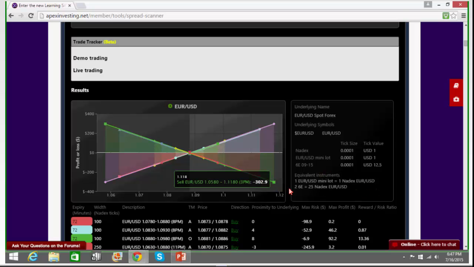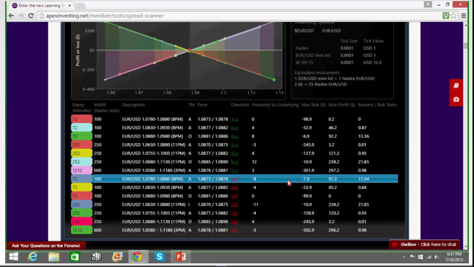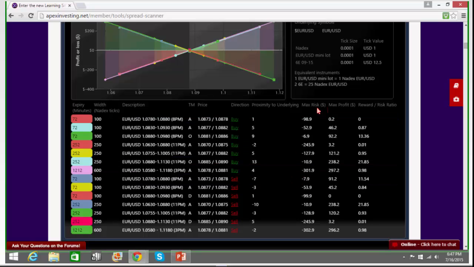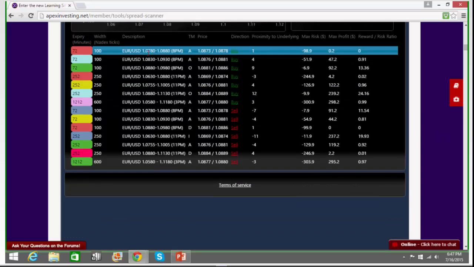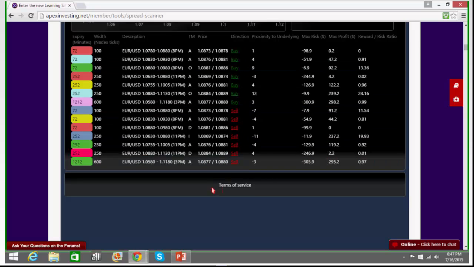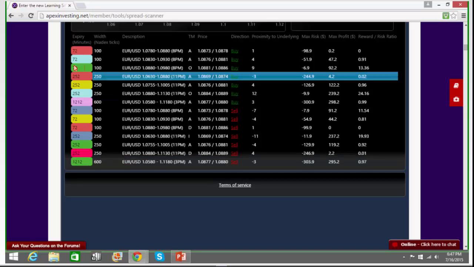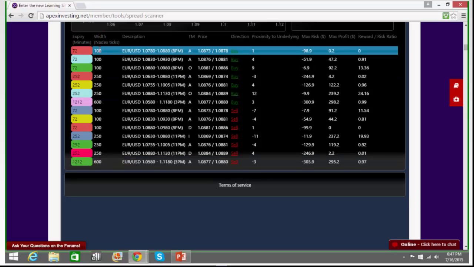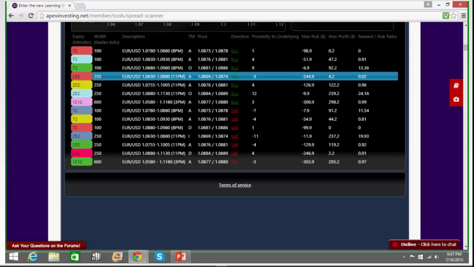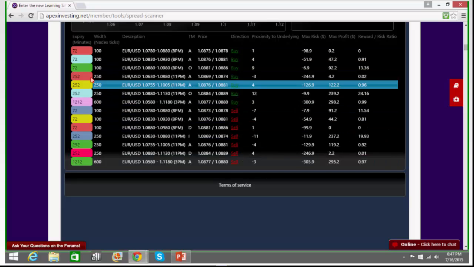What's the other nice thing about our scanner? Well, I selected the euro dollar, and look what happened here. It pulls up all this stuff. Buy, sell. What does all this mean? Well, real quick. Expiry minutes: how many minutes to expiration? Easy. Width: 100 tick wide spreads, 250, 600, it shows you that.